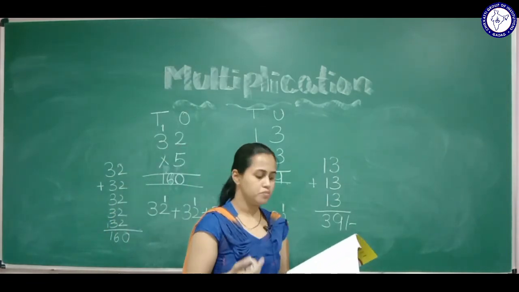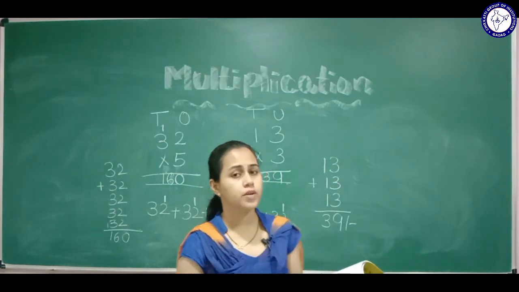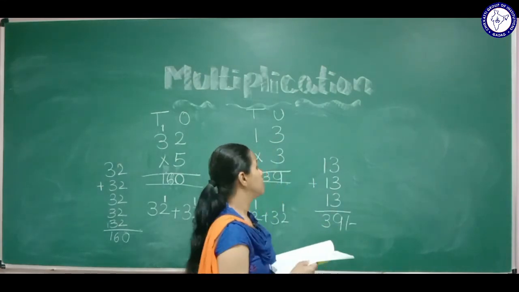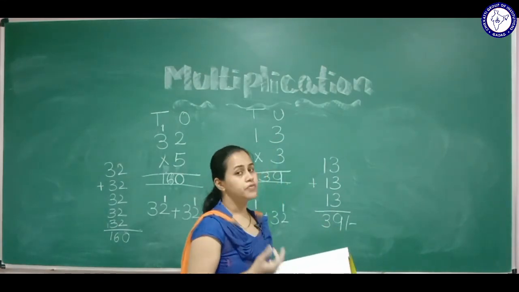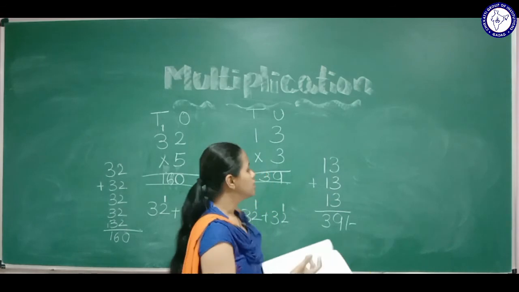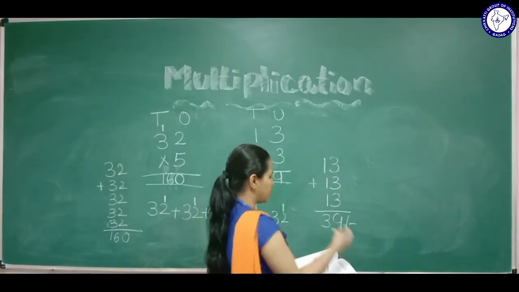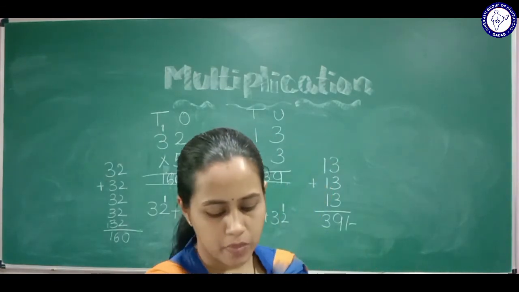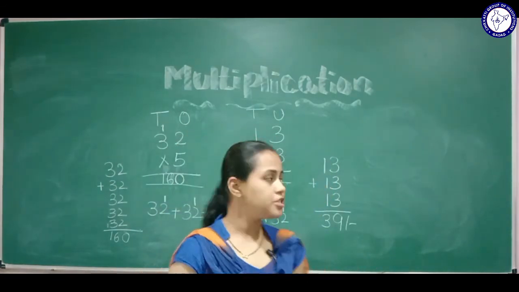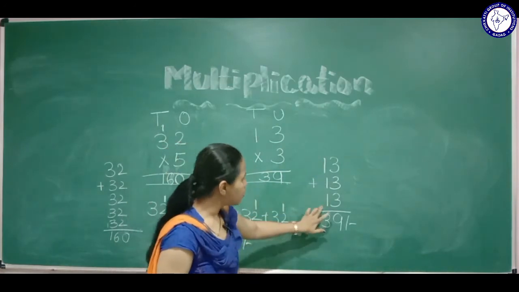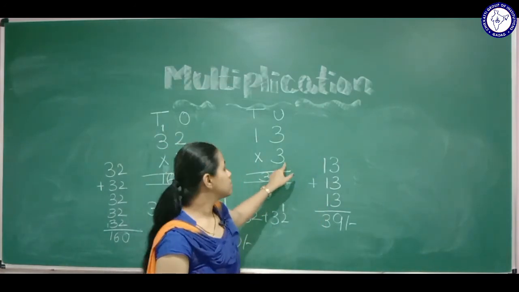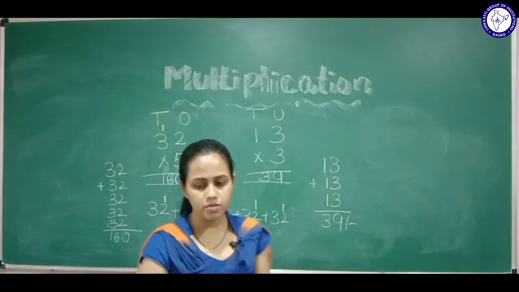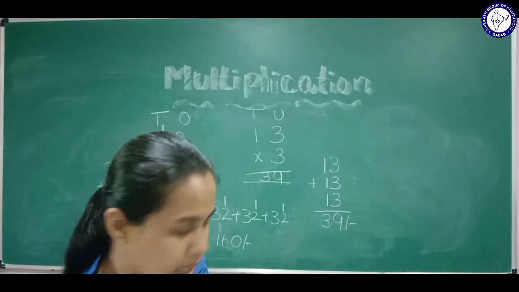You already know the tables of 2, 3, 4, 5, 6 and 7, right? So you should multiply. Otherwise, if you find it difficult, you do it like this. So this is what? Multiplication. Multiplication is repeating addition, right? So we are repeating the same number, the number as they have given.